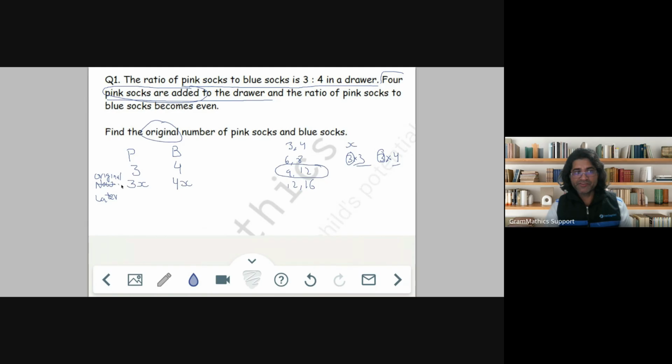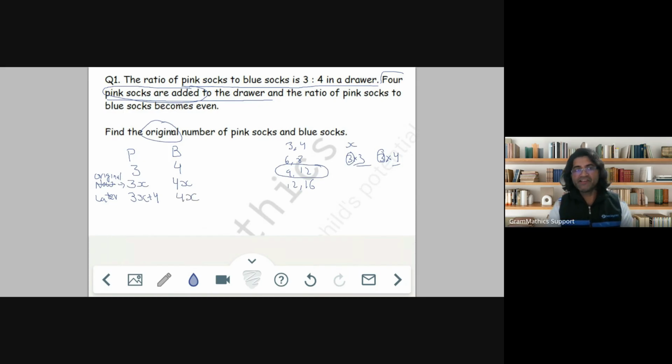So original is 3x and 4x. And pink socks are added. So pink socks become 3x plus 4. Because x can be anything, I'm just adding 4 socks to 3x. Nothing happened to the blue socks. So blue socks remain the same.